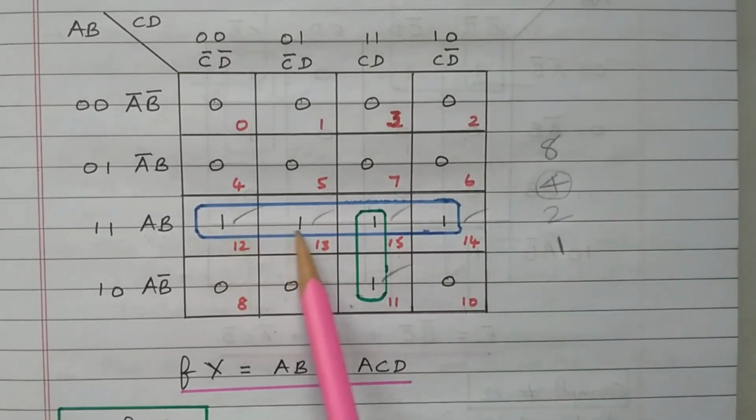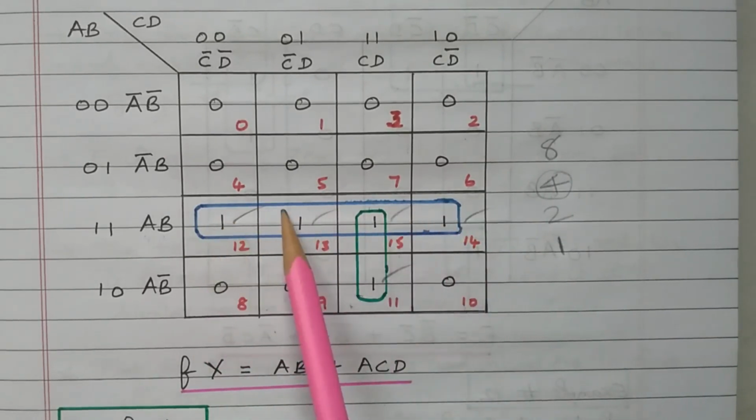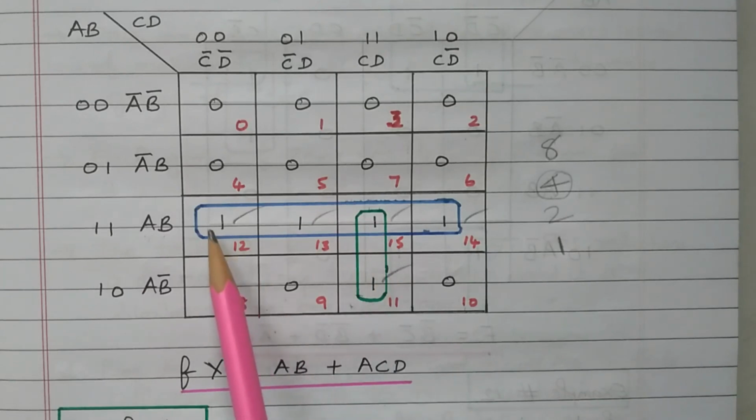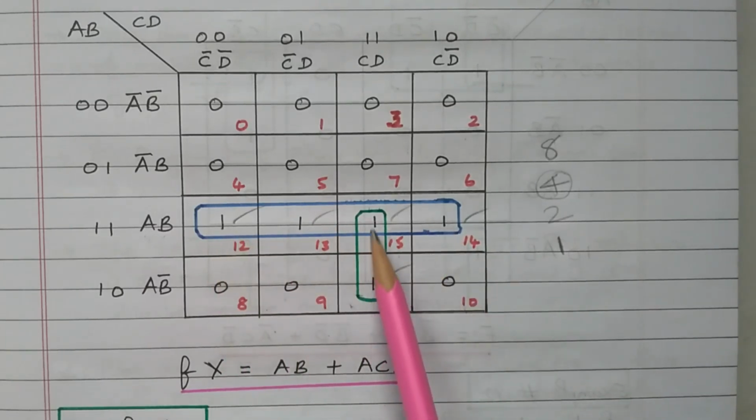These 4 ones we can group as they are. So this is a 4 cell grouping. This is the first group. Now after grouping, this one is available alone. So these 2 ones are grouped together with a 2 cell grouping, right? There are no other possibilities. So these 4 ones are grouped as a 4 cell grouping, and these 2 ones are grouped as a 2 cell grouping.